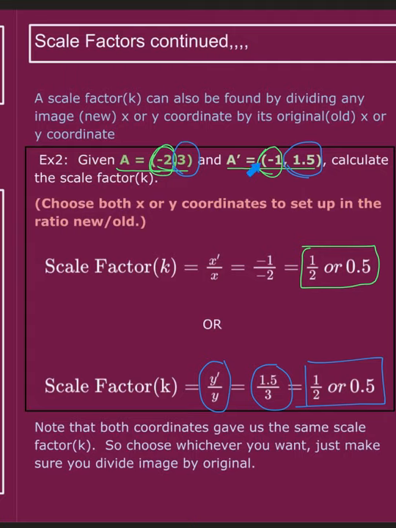That's because we're talking about the same point. I got two different numbers for the original part because here I used my x coordinates and here I used my y coordinates, but my scale factor ended up being the same. Just make sure you don't mix up using an x coordinate and a y coordinate. That won't work. It has to be both x's or both y's.